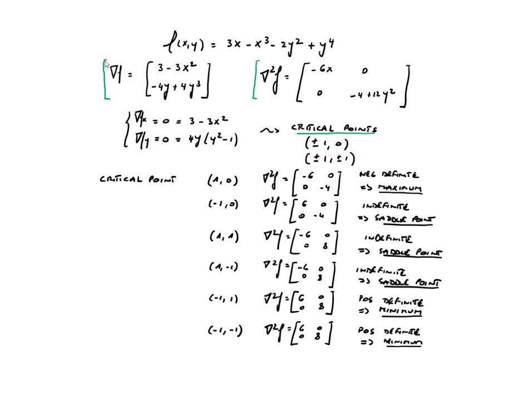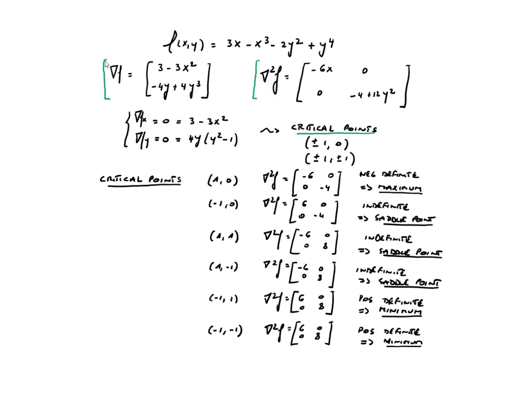So at the critical points we can have a look at the Hessian, and for instance for this critical point 1 0, the Hessian is clearly negative definite, and here we have a maximum.